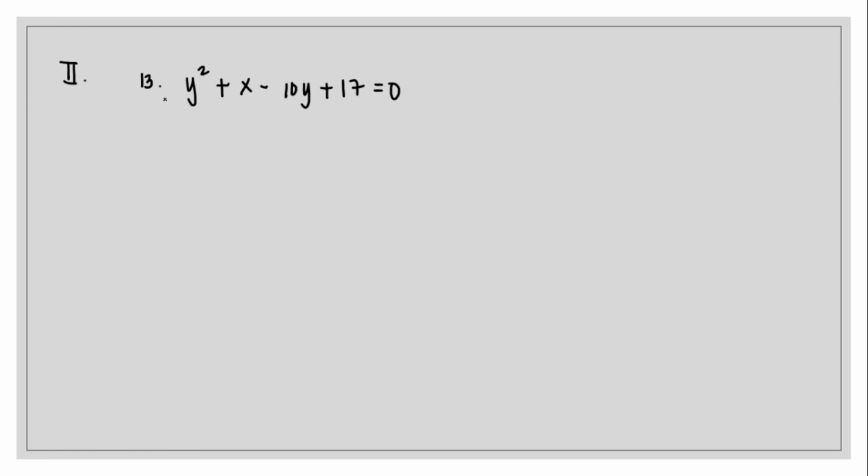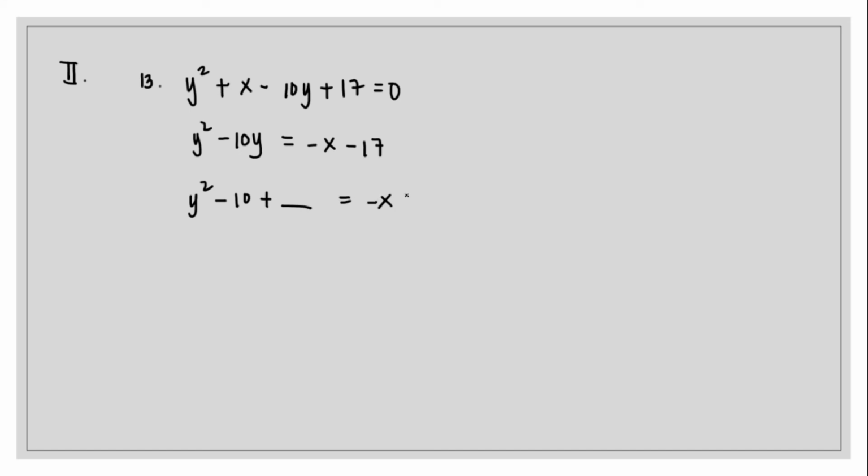Okay. So as usual, since we have here squared, pagsamahin natin yung mga may y. Parang sa equation of a circle. Y squared minus 10y. And then yung mga hindi y, lagay natin sa kanan. So from positive x, magiging negative x minus 17. And ito na yung magdadagdag tayo ng third term, di ba?